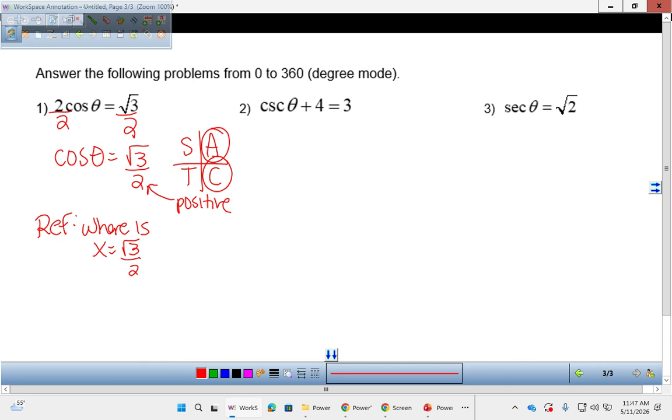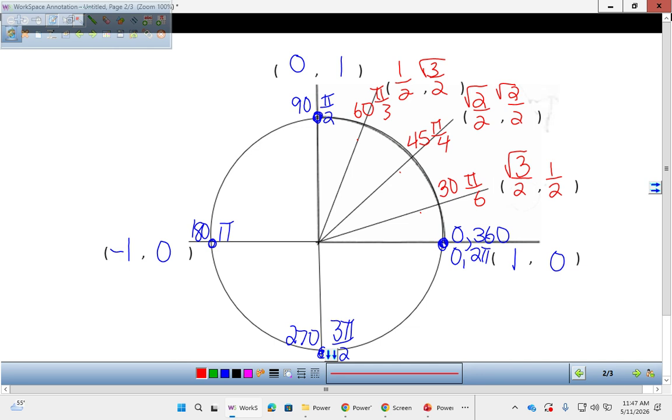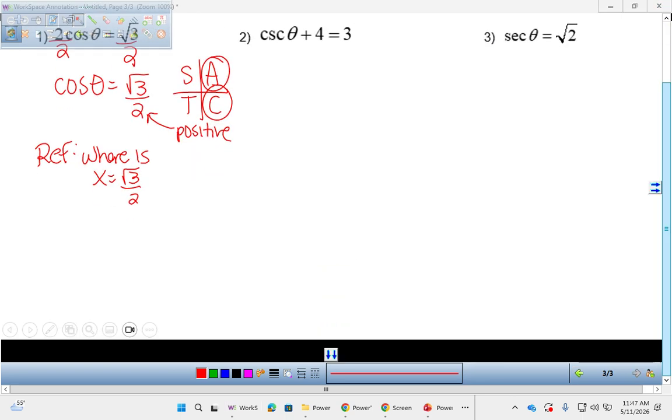So let's go back to our unit circle and look at the red ones. Where is x root 3 over 2? 30 degrees. So my reference angle is 30 degrees. I'm going to apply 30 degrees to quadrants 1 and 4.